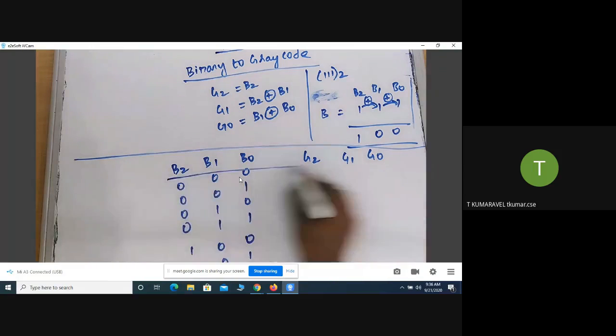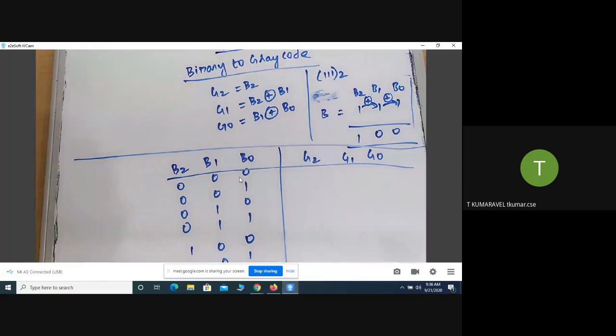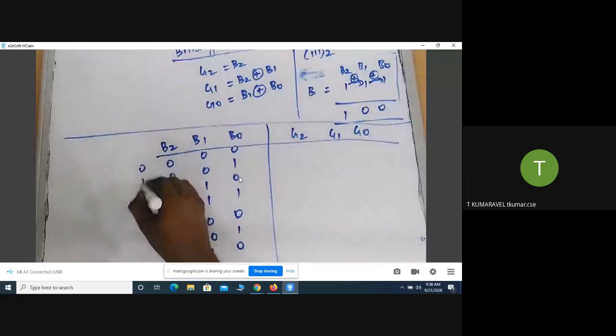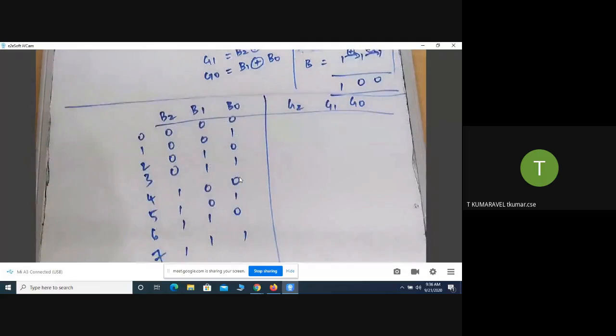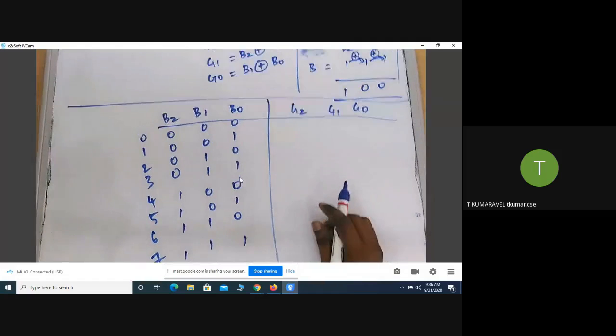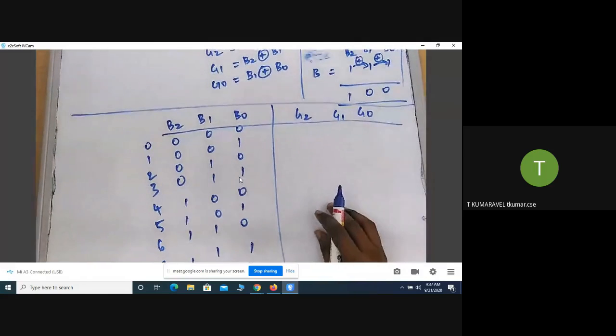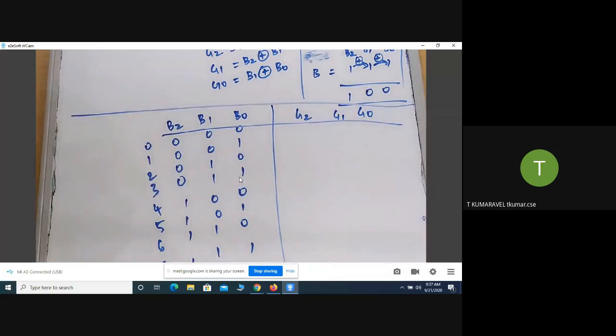So you are going to tell the answer. What is the answer for G2? What is the answer for the first input combination? Anyone tell the answer?